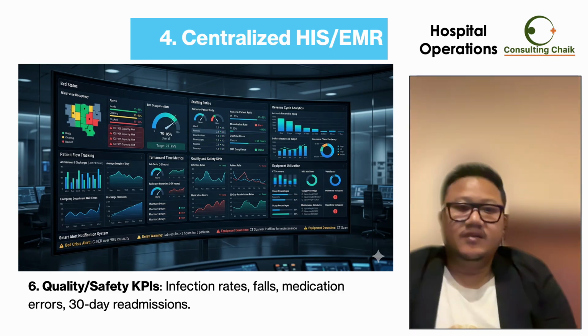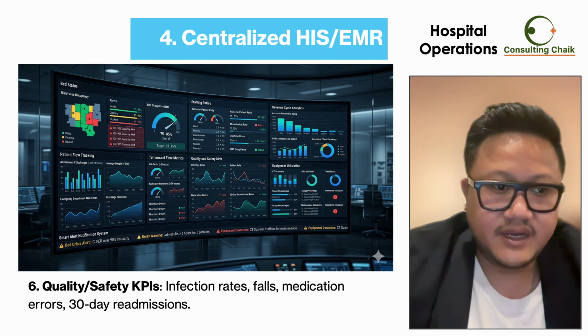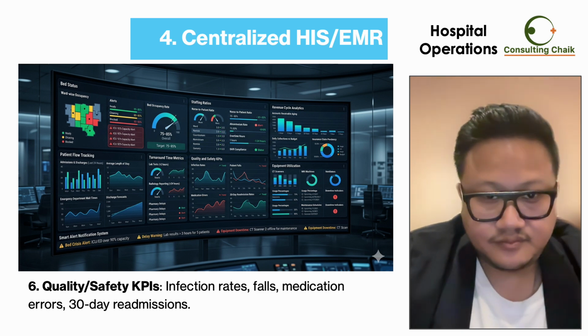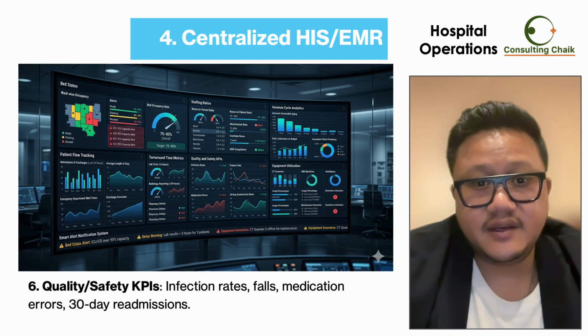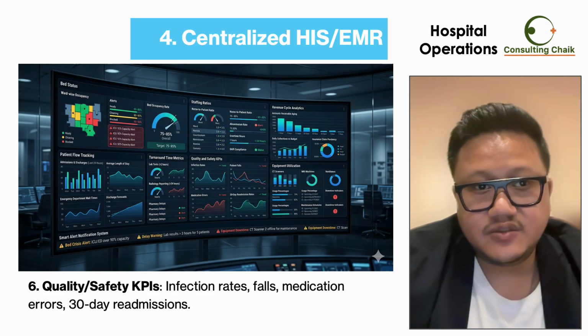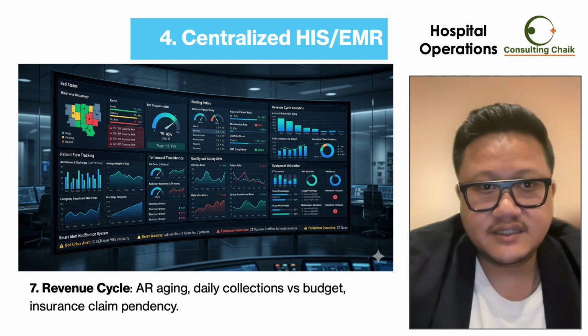Then quality and safety KPIs: your infection rate, falls, incident reporting, medication errors, and how many readmissions there are within 30 days. Those things need to be tracked in the centralized HIS.